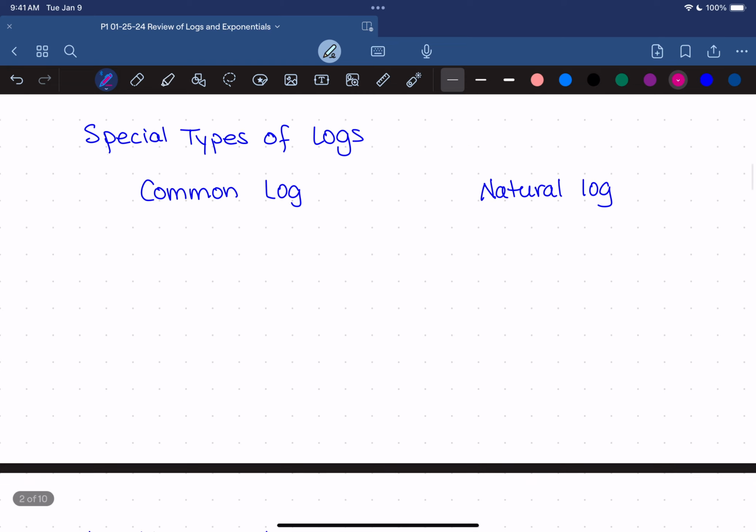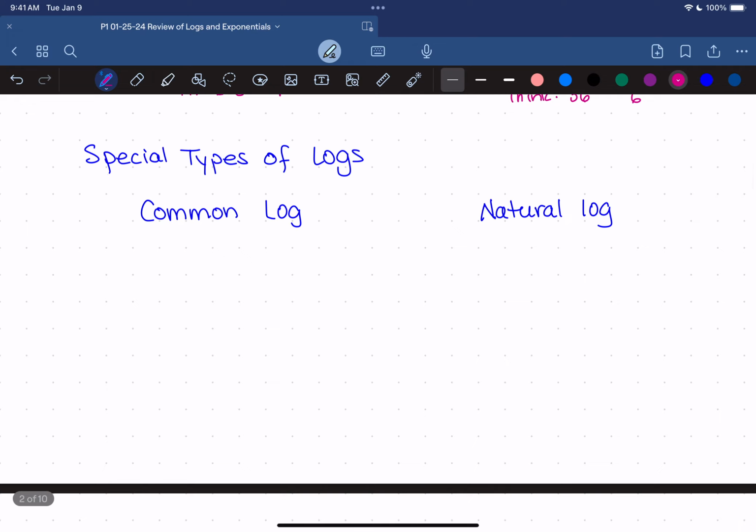Now there are some special types of logs. Common logs, these have a base 10. So if you ever have log base 10 of something, I'll just say 3, that's called a common log. Now, sometimes, because it's a common log, it's common to leave out the base, so there's no base written.